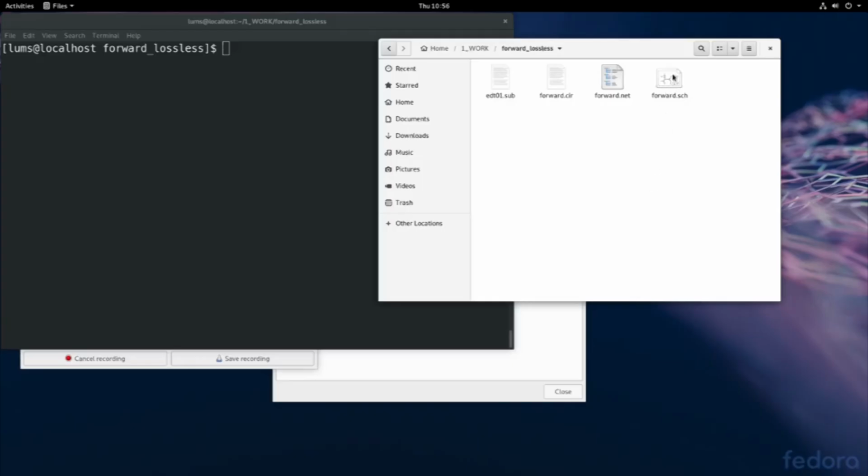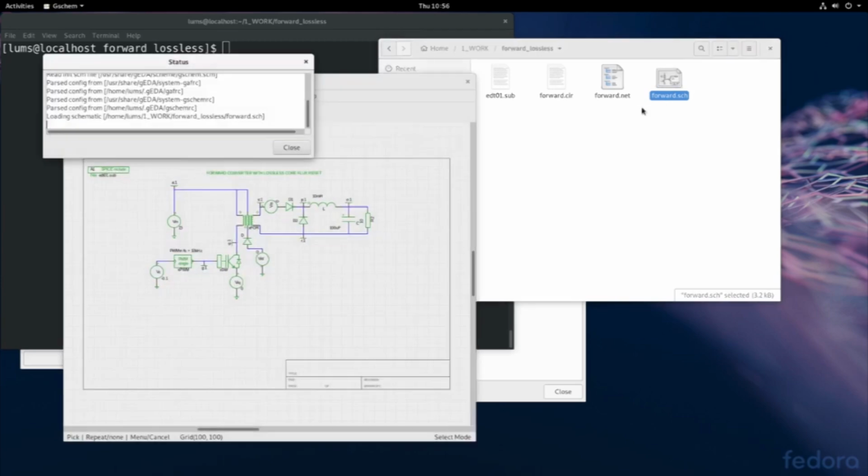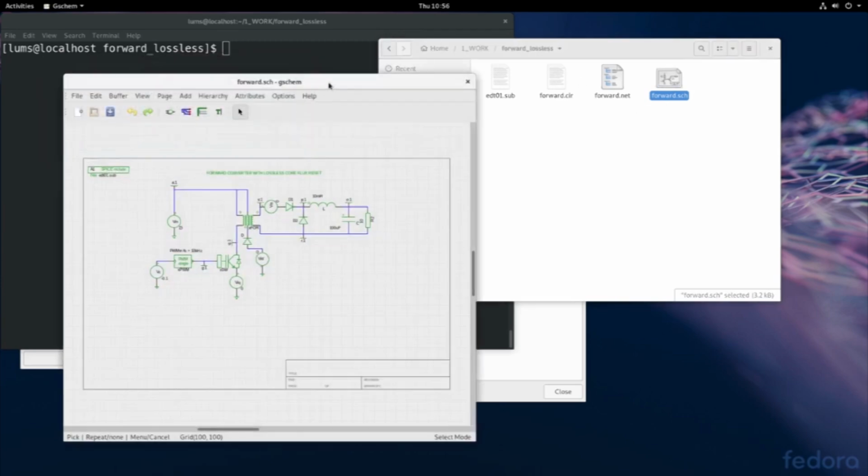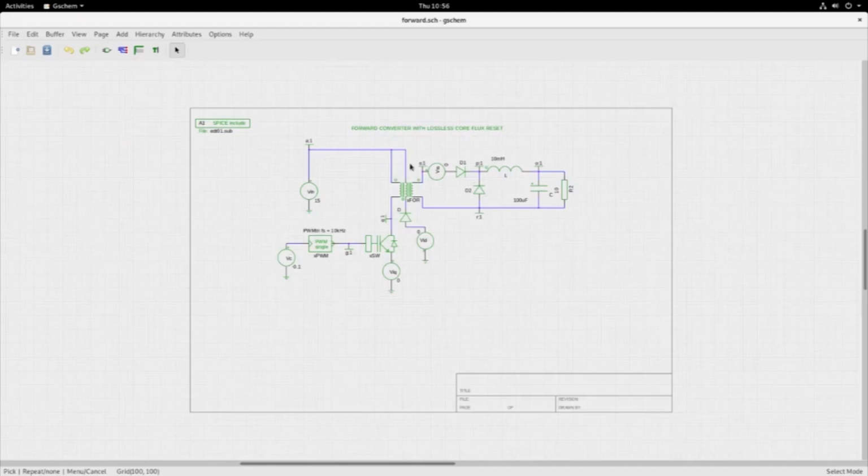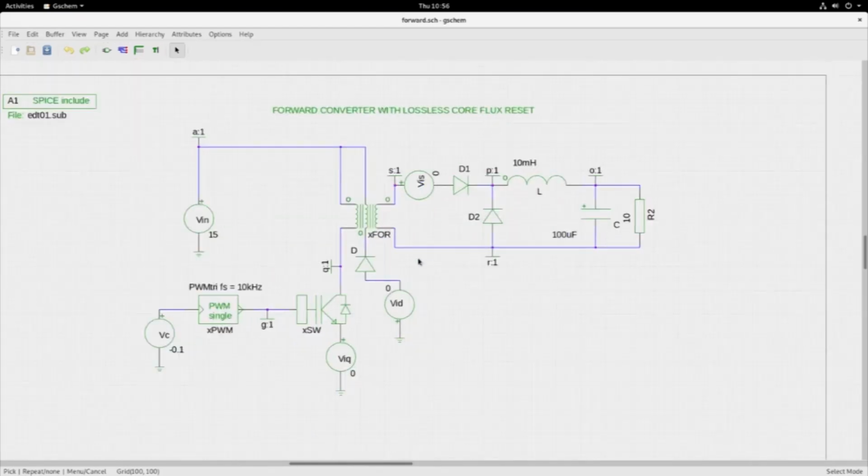Let me now discuss the forward converter with demagnetizing winding where the core reset is lossless. We have been discussing forward converter where the core reset was lossy, wherein we had put a diode resistor combination across the primary and the magnetization energy was lost in the resistor as heat.